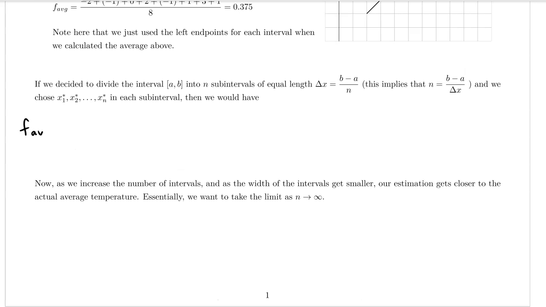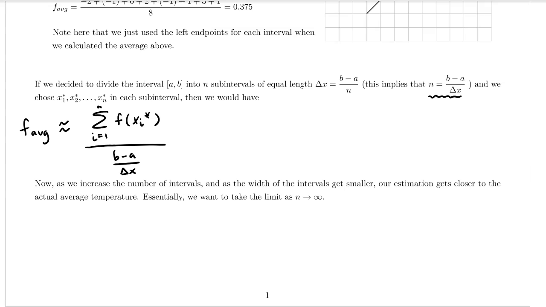The average value of our function would be approximately equal to the summation of all of the output values divided by the number of data points that we have, which in this case, we said earlier, n is equal to b minus a over delta x.